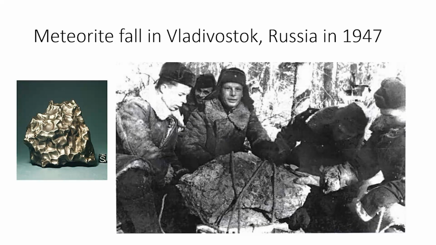Some recent major meteorites fell on Earth, one in Vladivostok, Russia in 1947. Just check the size of the meteorite that actually fell on the surface of the Earth and was captured by the people of Russia.